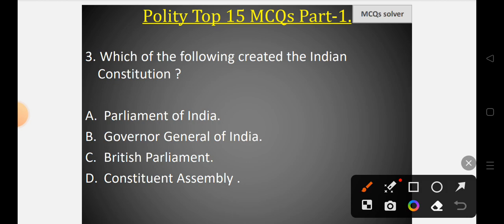So the correct option will be option D, that is the Constituent Assembly. The Constituent Assembly consists of the members from the British Indian states and from the princely states. So that's how the Constituent Assembly was formed. So the Indian Constitution was formed by the Constituent Assembly. So the correct option is option number D.